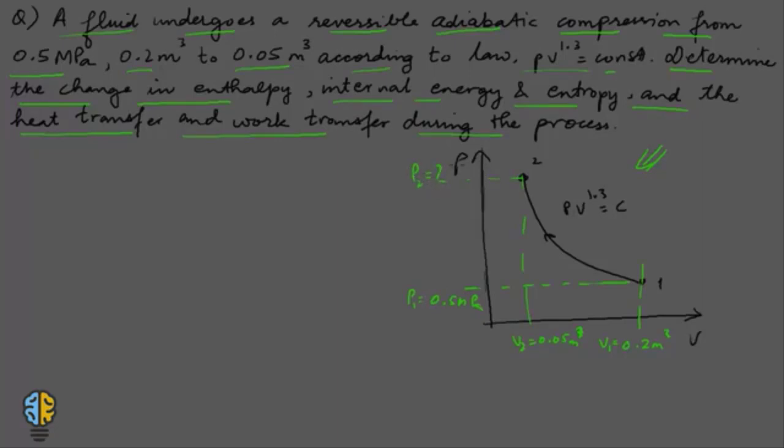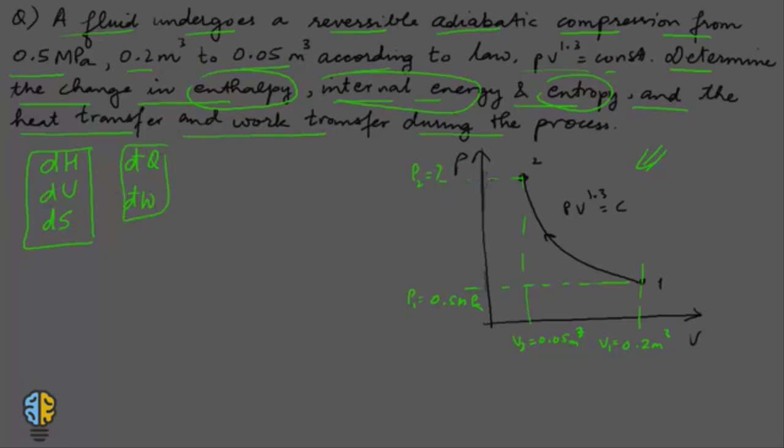Now this is a question in which we have to find out the delta H, the delta U, and the dS. Then we need to find out dQ and then dW.